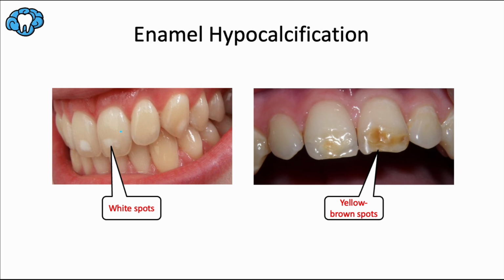This less than normal calcium deposition interferes with the normal translucency of enamel, resulting in these chalky white spots, or sometimes yellow-brown spots. If the patient wants, these can usually be fixed by some conservative restoration or a more advanced whitening technique.